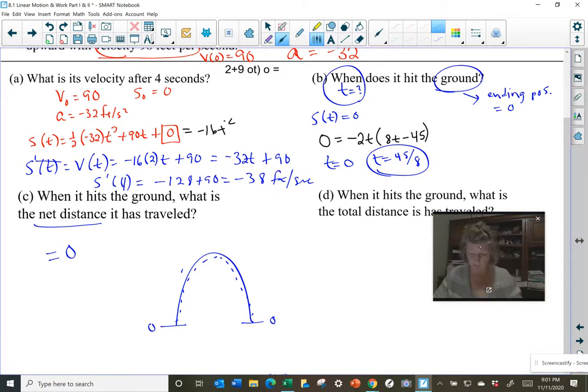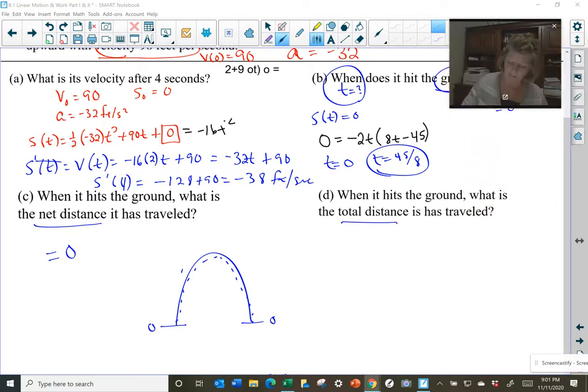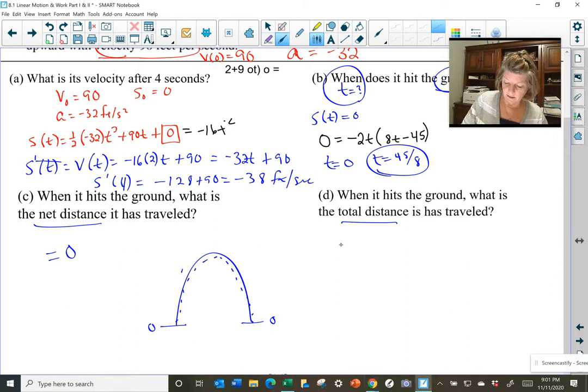When it hits the ground, what's the total distance it's traveled? Okay, there it's getting that total distance. And what I might be tempted to do on this one is just, it took 45/8 to travel the whole amount.